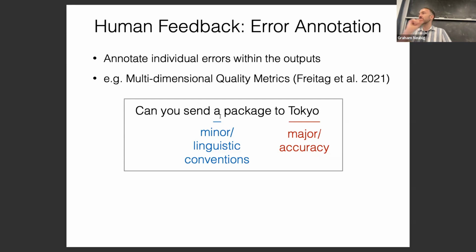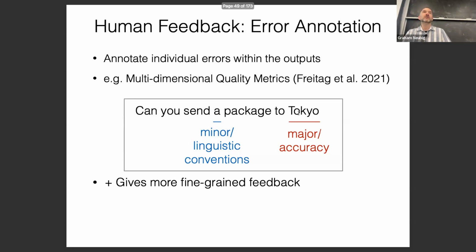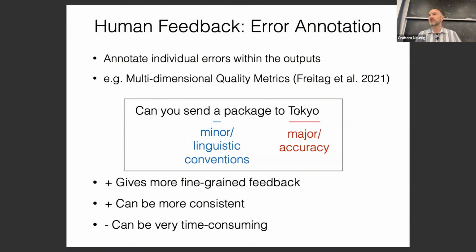Basically, you select spans that are errors in translation outputs, and you label how bad the error is and what type of error it is. So this would be a minor linguistic conventions error, because this would have been the appropriate thing to write here. This is a major accuracy error because it's Tokyo instead of Pittsburgh. The plus side is it gives more fine-grained feedback. It also can be more consistent because you're asking people to do a very concrete thing, but it can be very time-consuming, obviously.